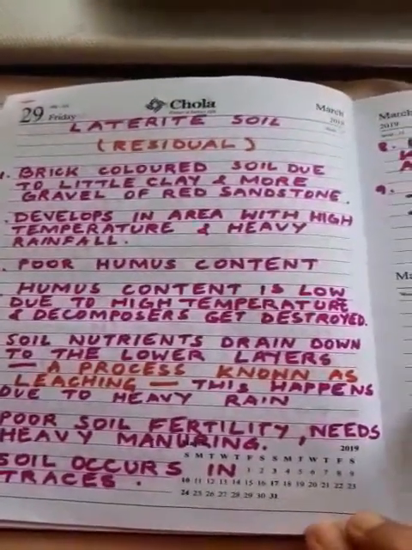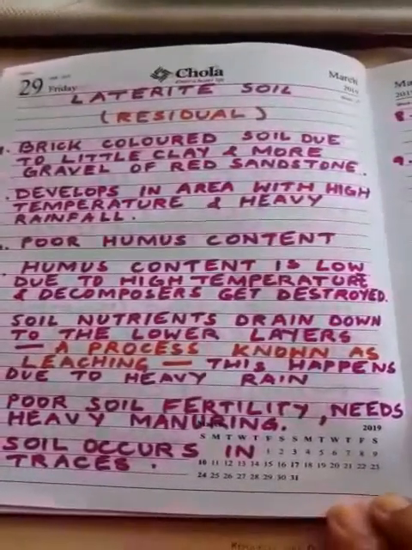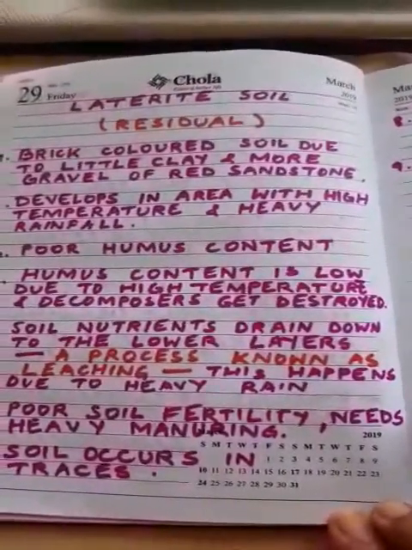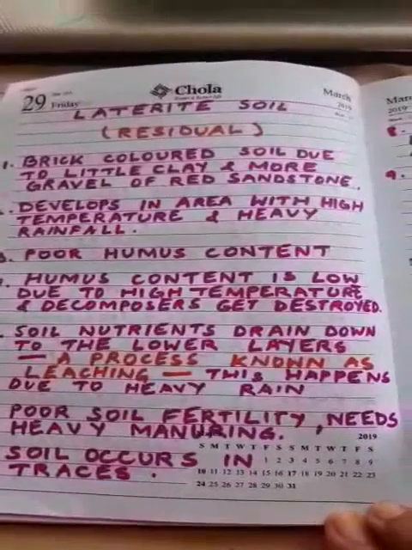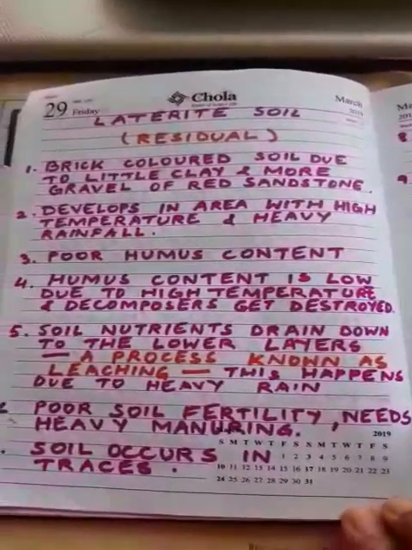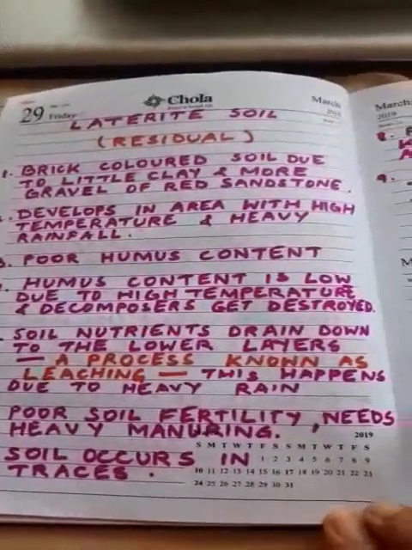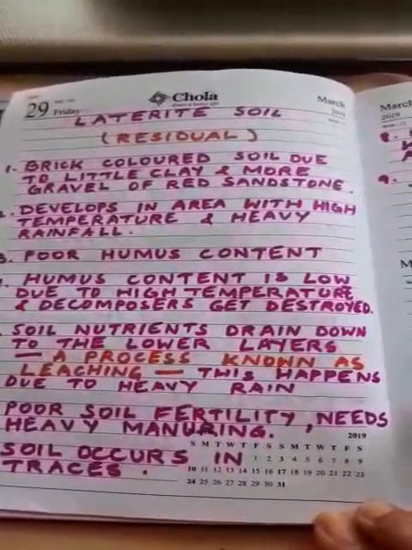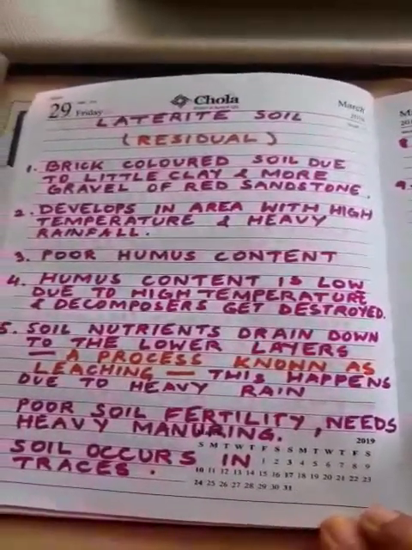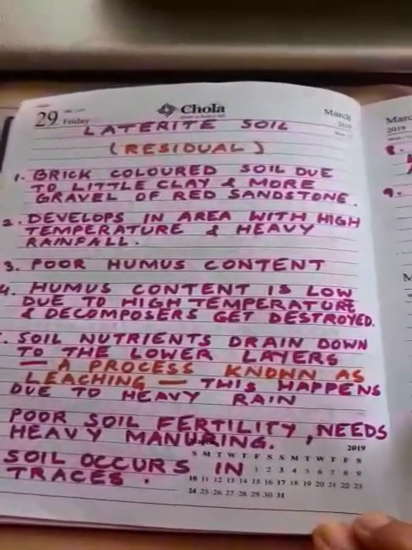This happens due to heavy rain. Next point, poor soil fertility and needs heavy manuring. So next point, soil occurs in traces.